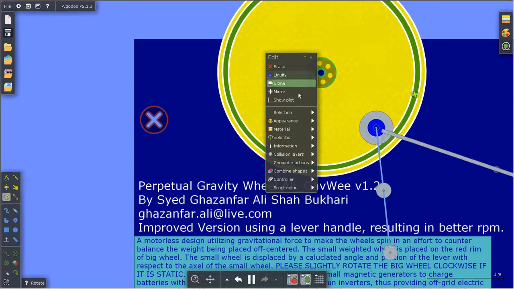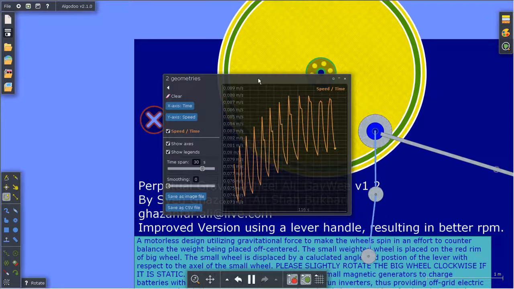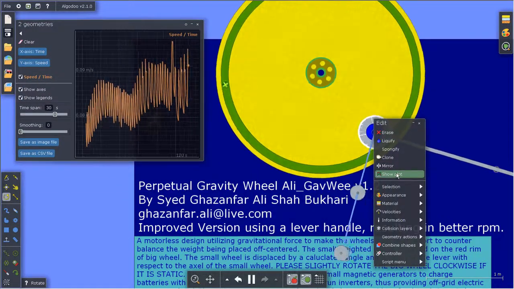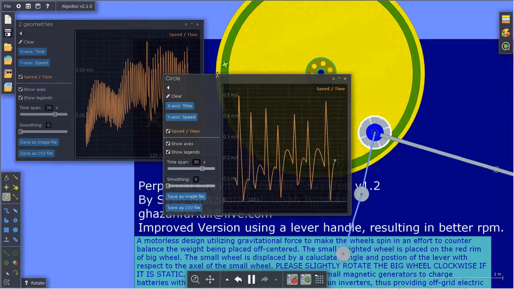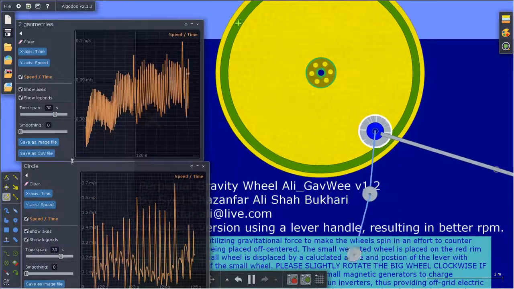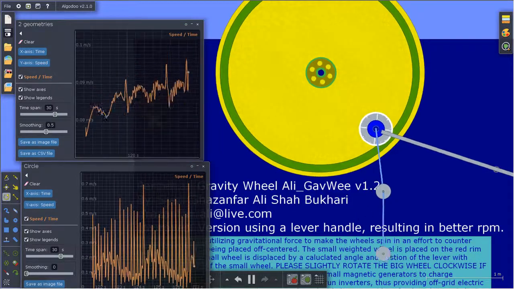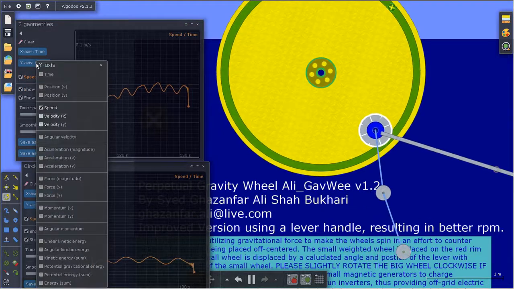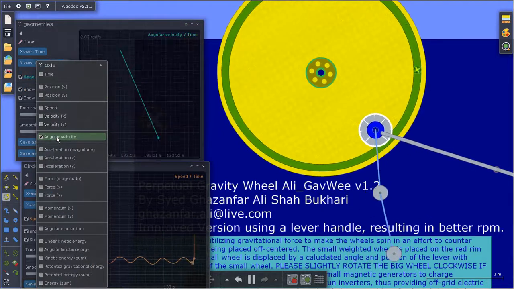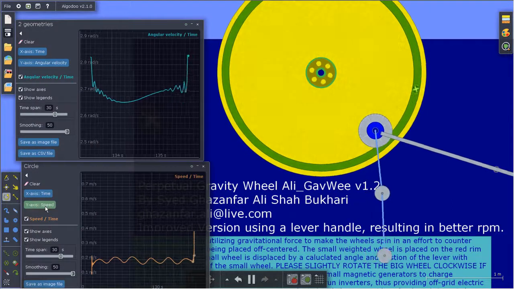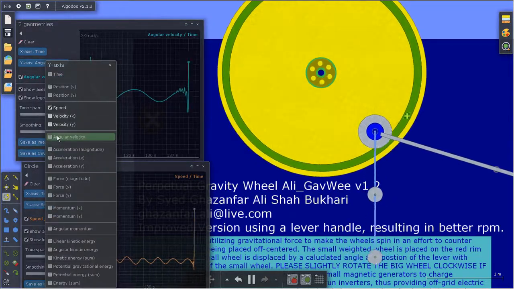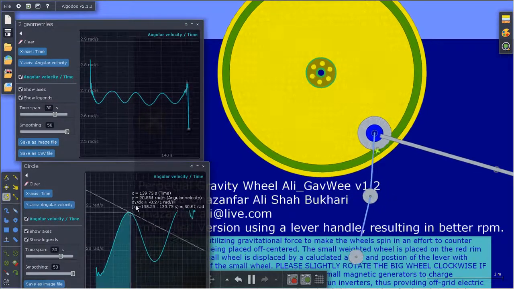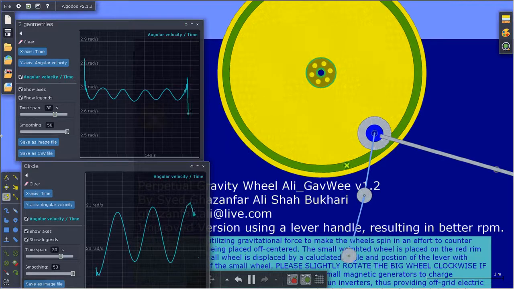And now let's check the plot of the bigger wheel and that of the smaller wheel. And let me change the y-axis to show the angular velocity. Okay, this is the larger wheel, this is the smaller wheel.